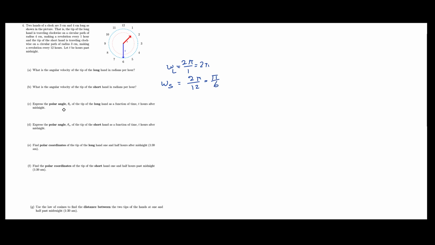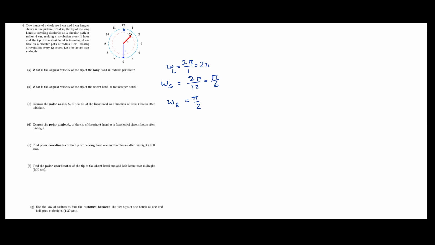Now, it says express the polar angle theta sub L of the tip of the long hand as a function of time, t. We're starting at midnight, and the long hand is right there, and the initial angle is pi half.